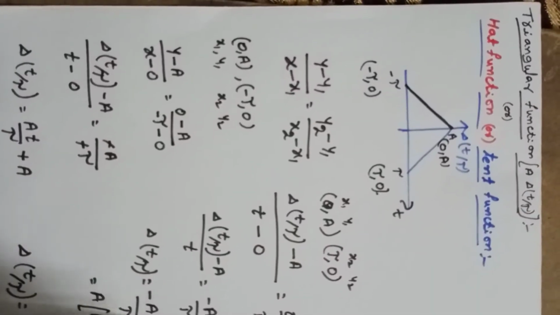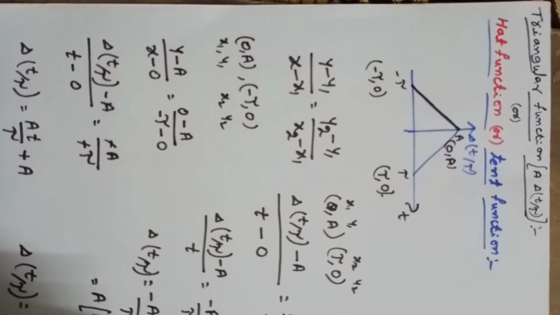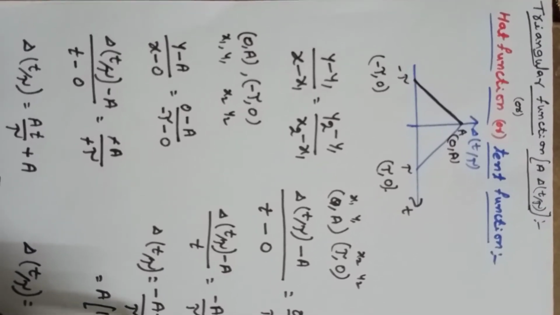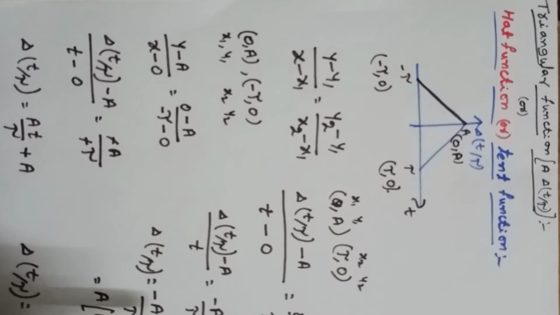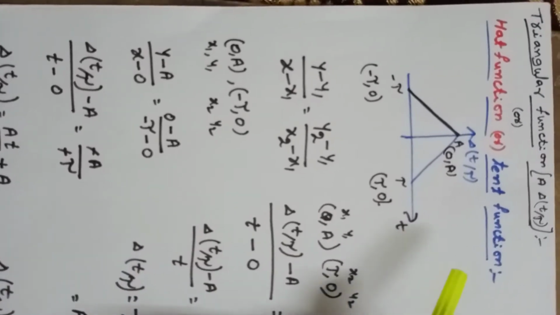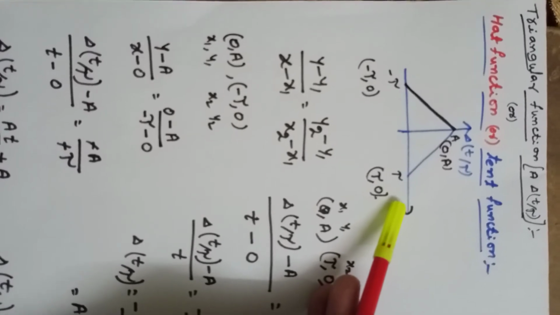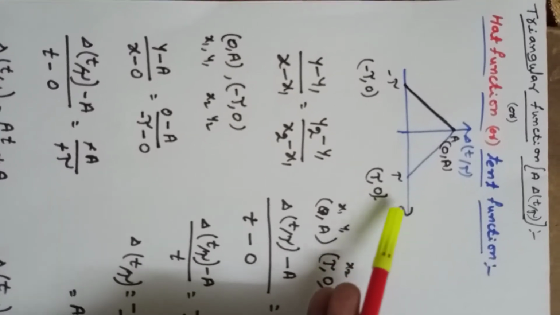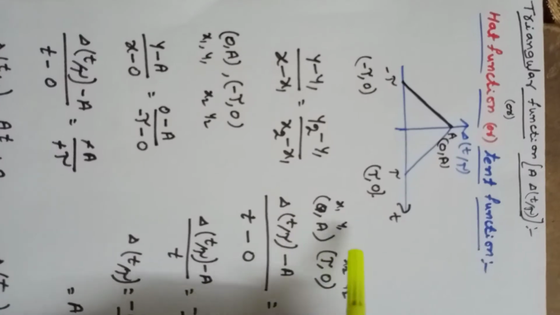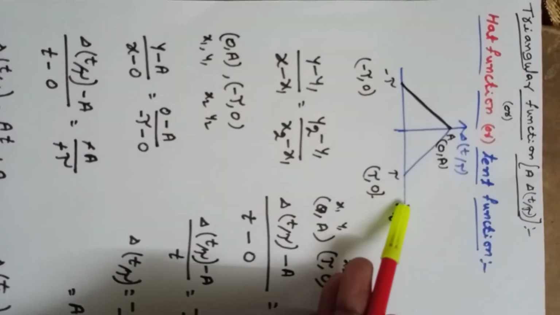Another basic signal is the triangular function, also called the hat function or tent function. The graphical representation of the triangular function is shown here. How will we find the mathematical representation of this triangular function?